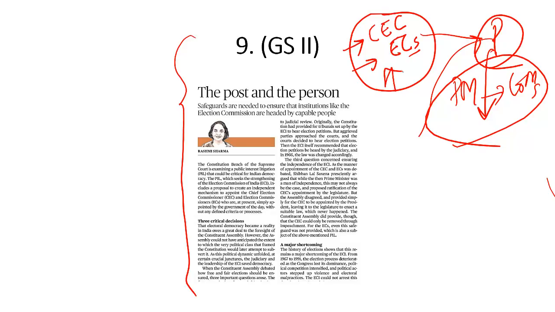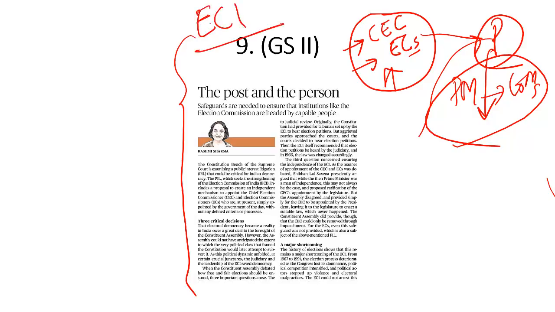But we need to understand that there are very few institutions in this country which are regarded in high esteem and which have maintained their independence despite the fact that the appointment process may be slightly flawed. One such organization is the Election Commission of India.